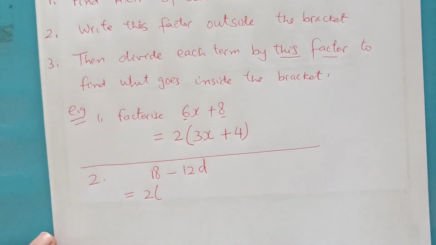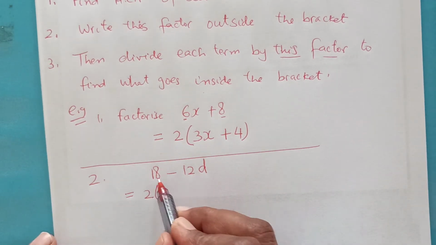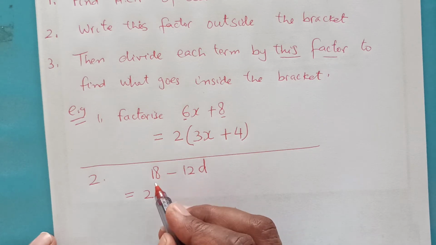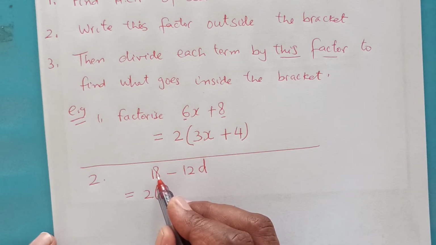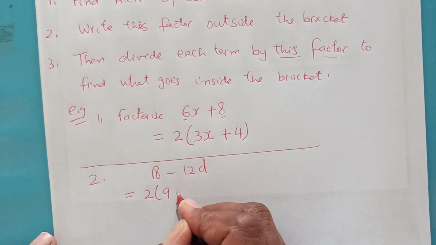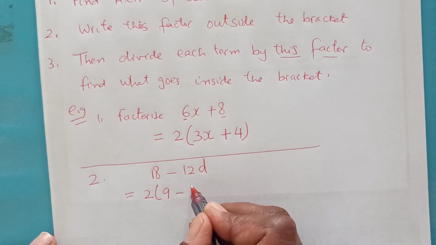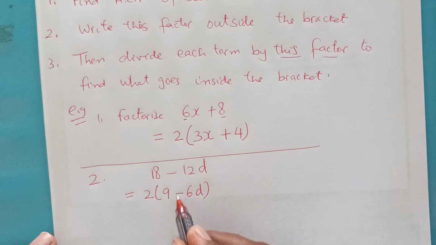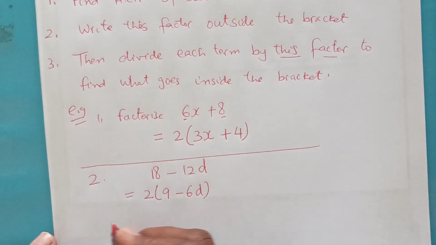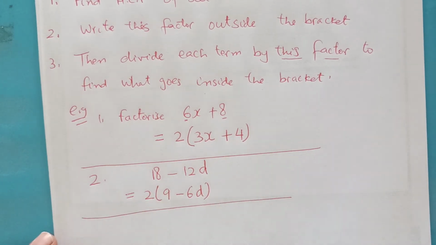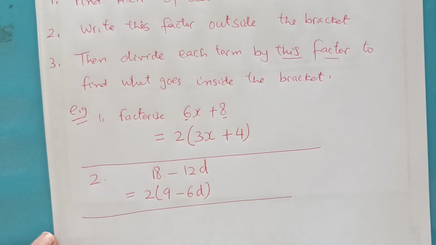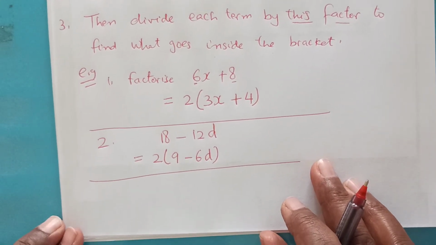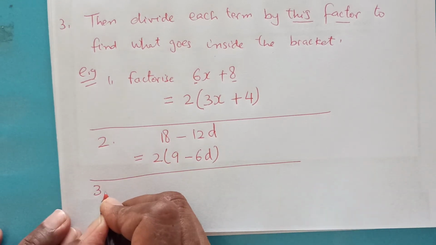This is the HCF, and we divide these two numbers by 2. 18 divided by 2 is 9. Minus 12 divided by 2 is 6. d remains as it is. There was a minus sign here, so we just put a minus sign there. So this is our expression after factorization.